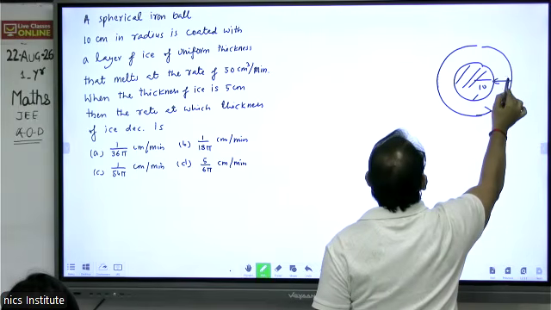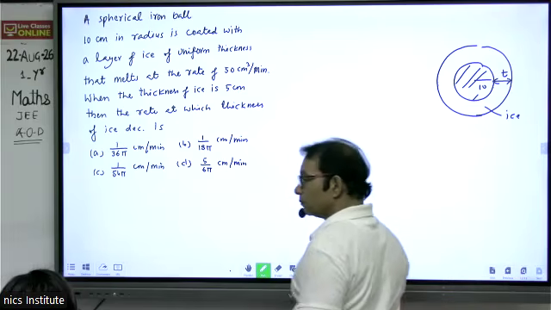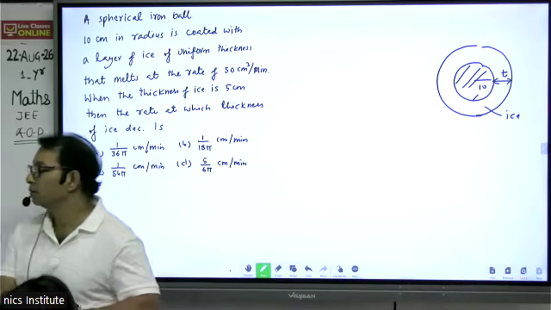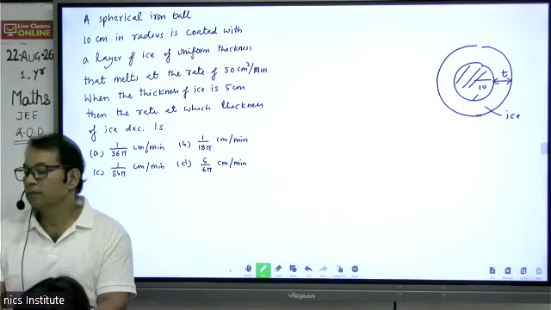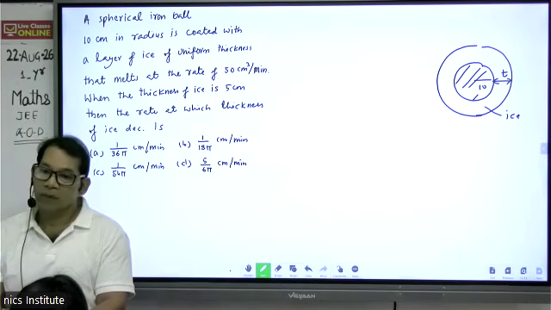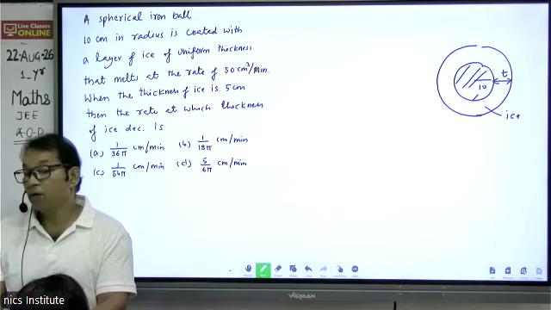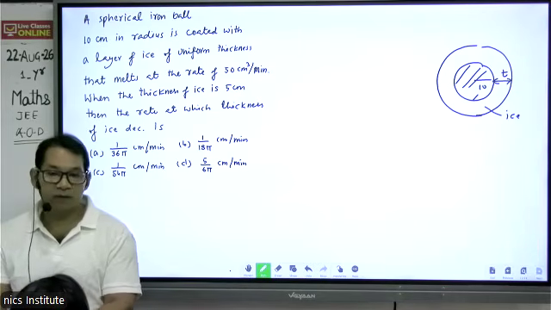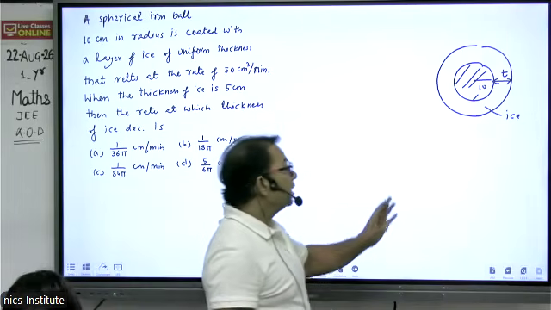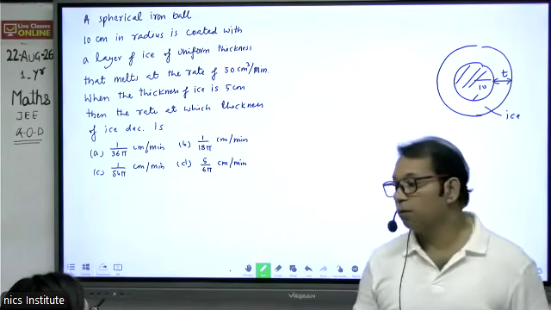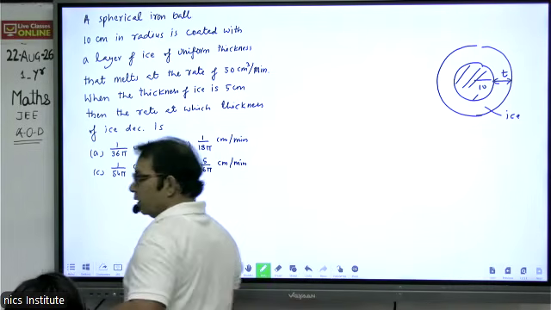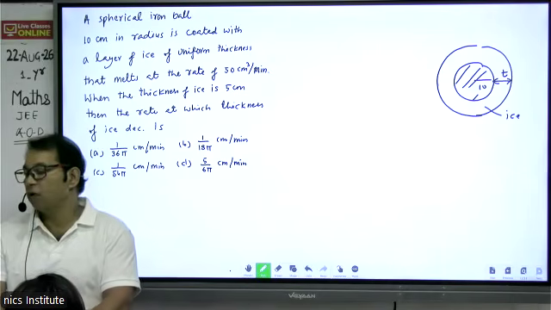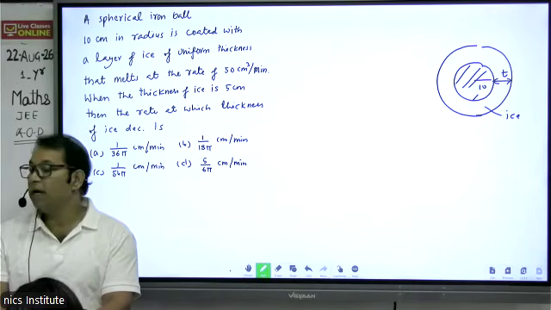This thickness you can take as T. We need dV by dt of ice, because the iron ball is not melting. It's only the ice which is melting. So dV by dt is 50 as given, minus 50 because it is decreasing, melting.